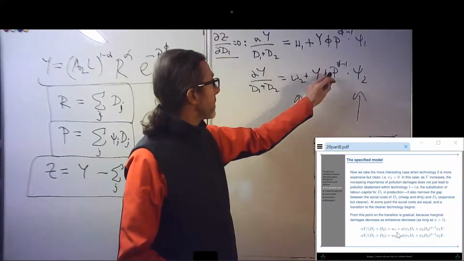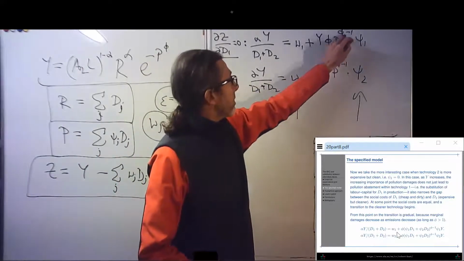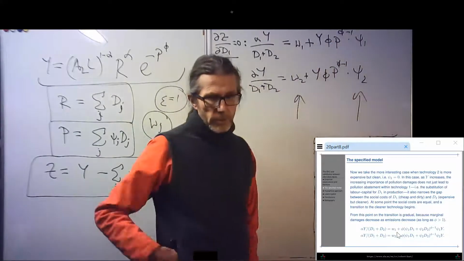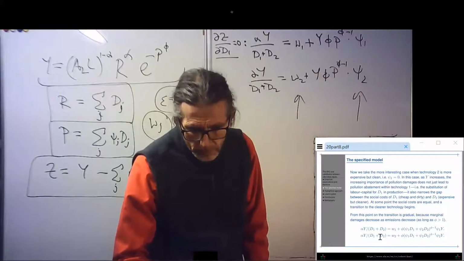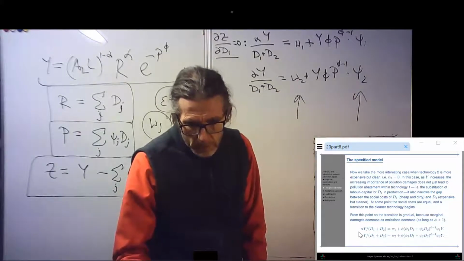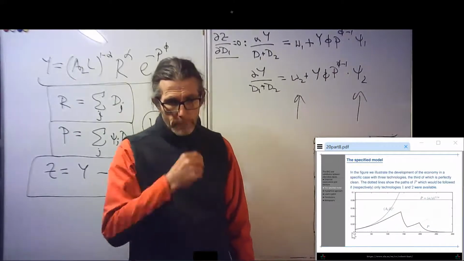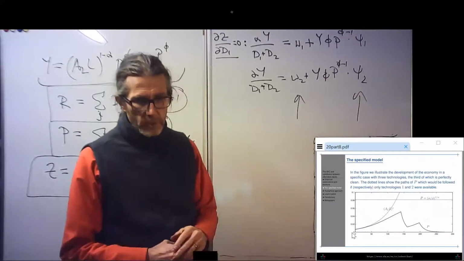And as we transition, because of these nonlinear damages, the damages go down and that keeps them equal. This is basically how it plays out in a parameterized model, just with some made up parameters.